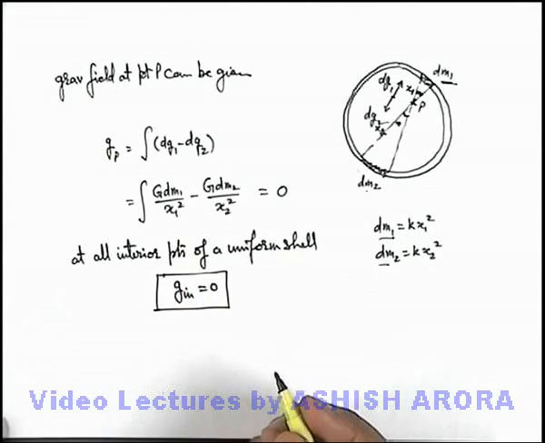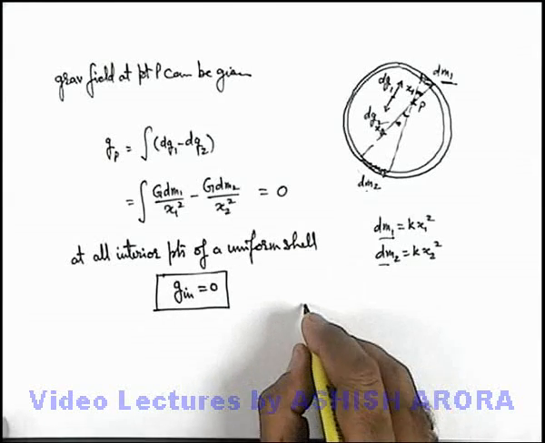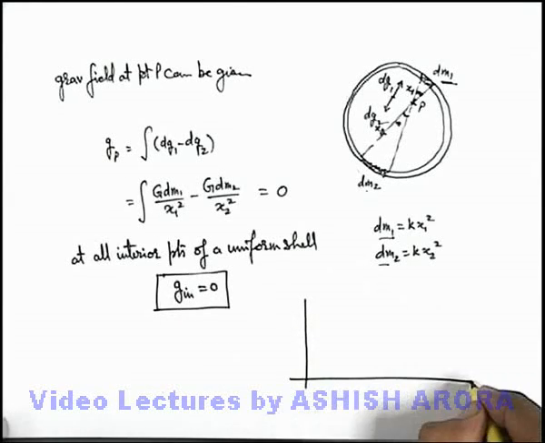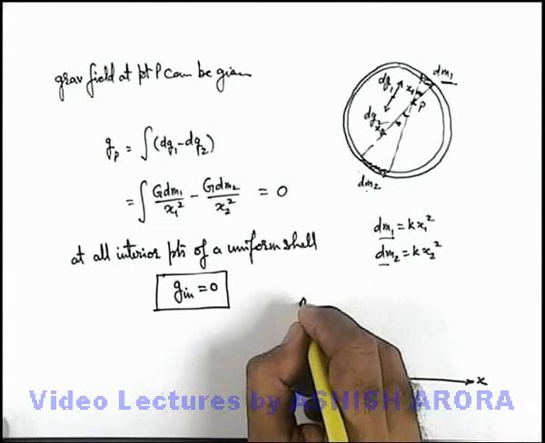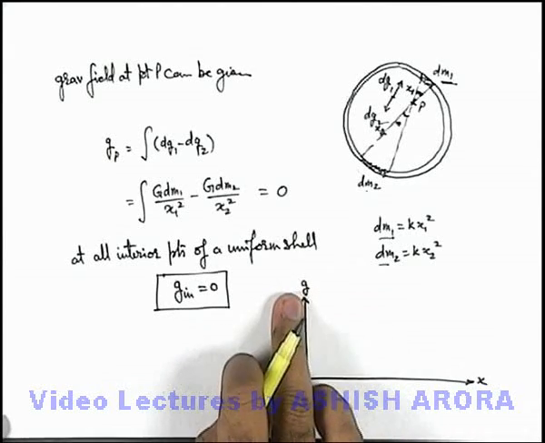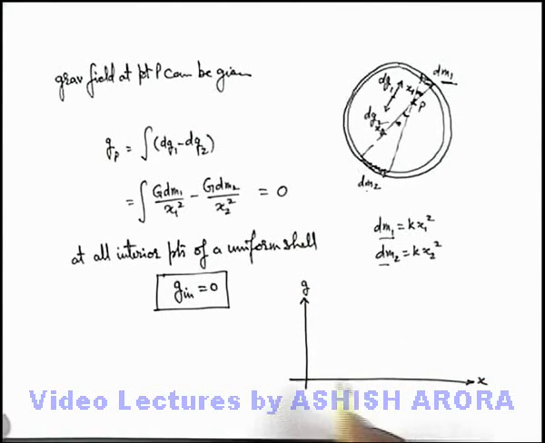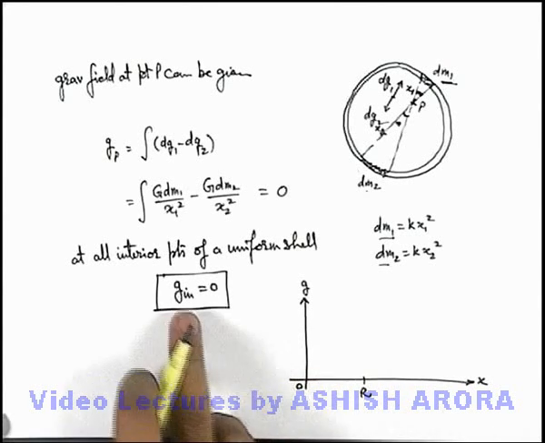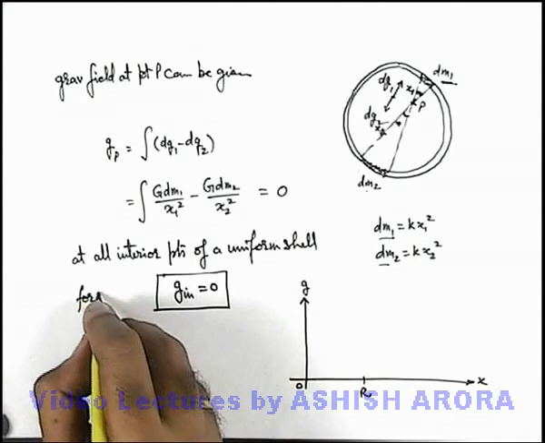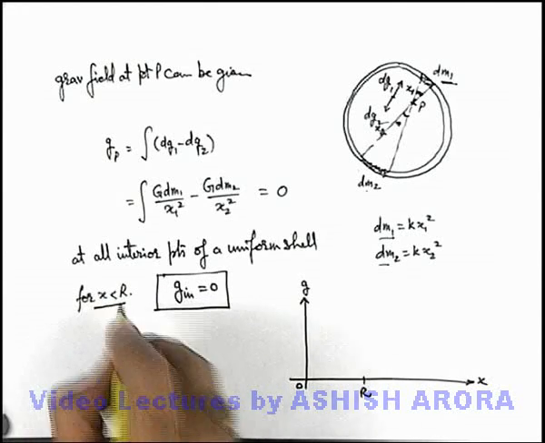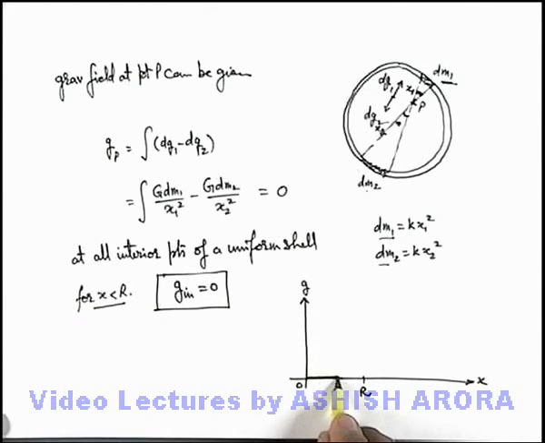If we just plot the variation curve of the gravitational field with the distance for a spherical shell, this can be directly given like this. If we plot the graph of g with x, from x equals 0 to x equals r, those are interior points. For x less than r, the value of gravitational field strength due to the shell will be 0.